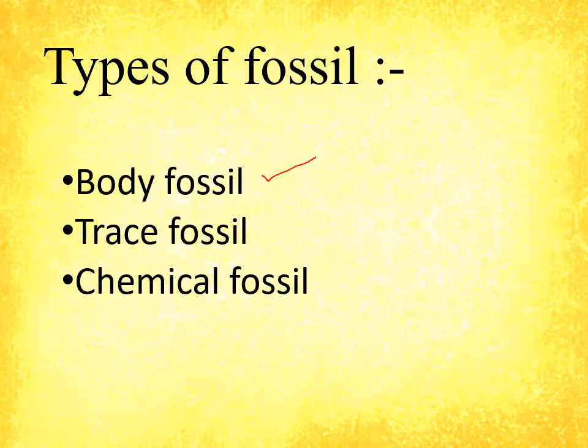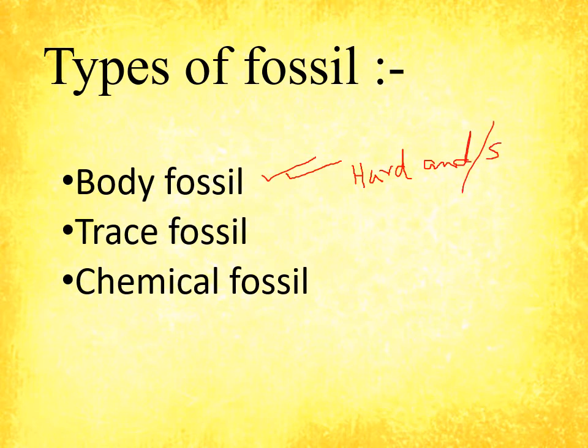So any body of an organism, in most cases, consists of two parts, the hard parts and the soft parts. In a body fossil, both may be preserved, or only the hard part or only the soft part can be preserved.